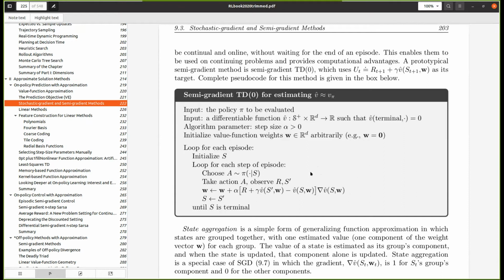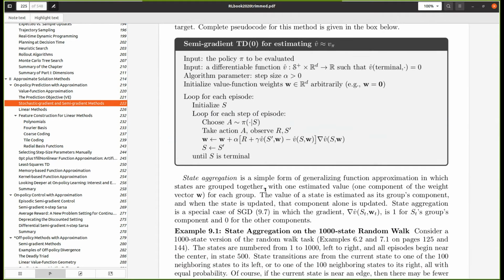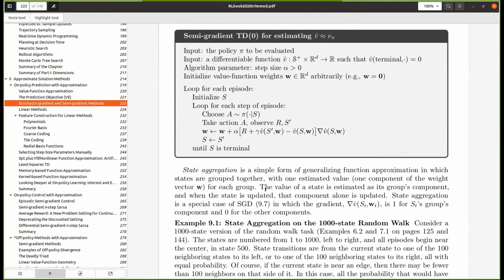Because this value here wasn't originally dependent on w, but we compute the gradient with respect to the value for state s, but not with respect to the value of state s prime, right? So that is my understanding. Is it okay with everyone?